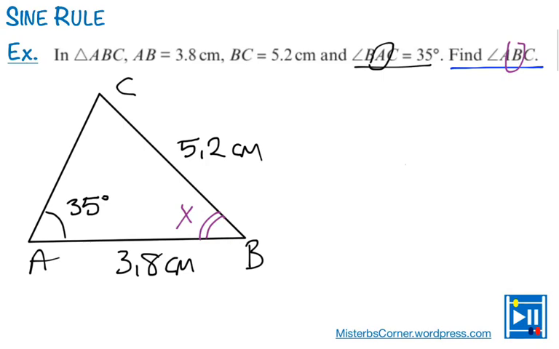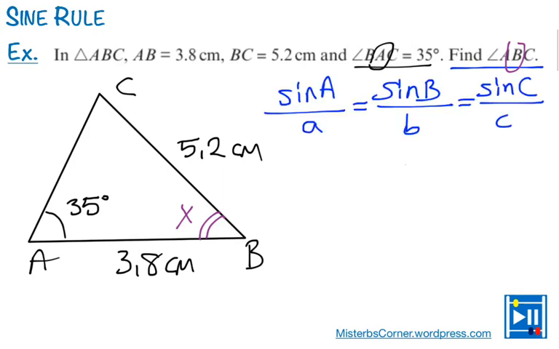That's the one that I don't know. Now I'm going to use this version of the sine rule because I want to find an angle measure, so it's best if I have it at the top. If I use the other version, it might be a little bit tricky to leave the angle measure alone.